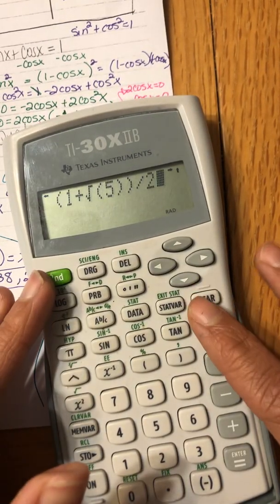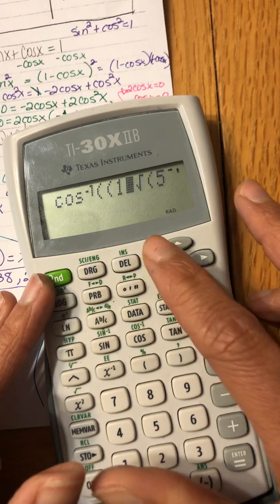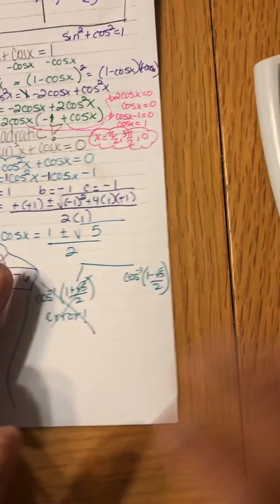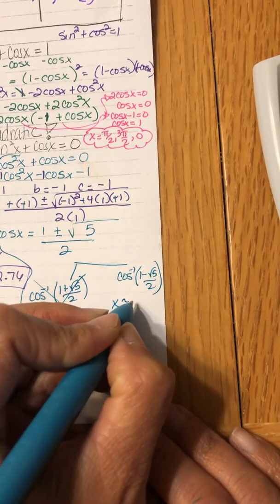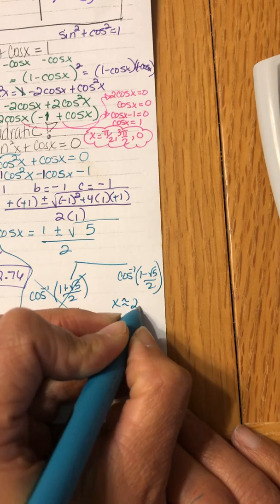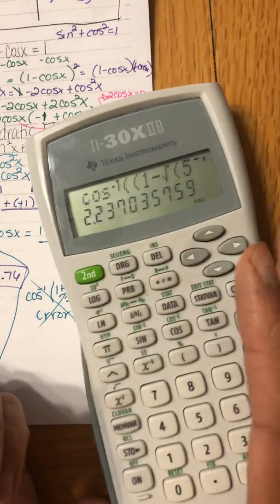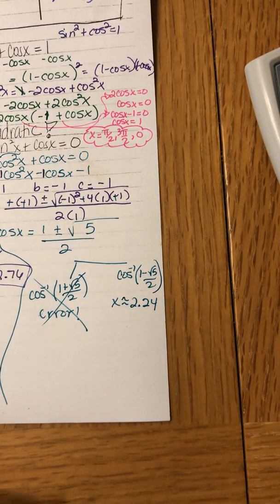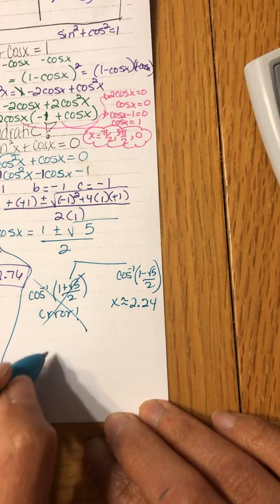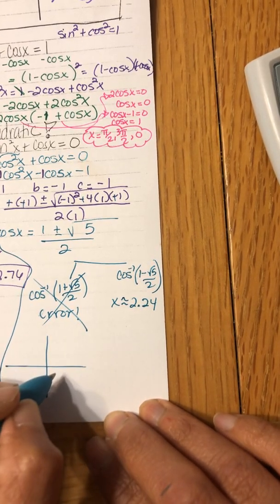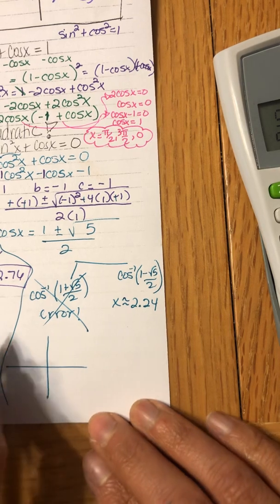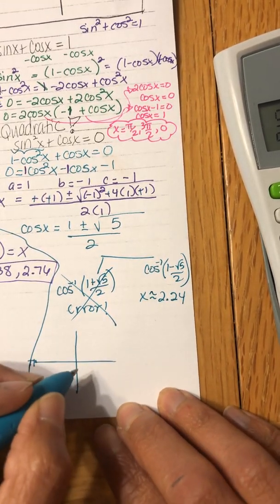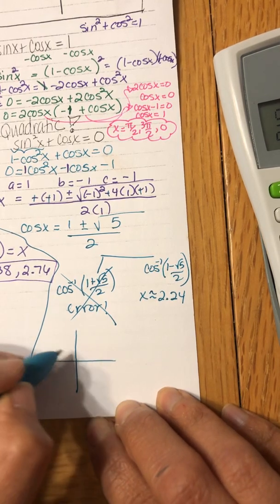So that would be cosine inverse of, instead of 1 plus, it would be 1 minus. That's the only thing I'm going to change, hit equals, and I get a number. So x is going to be approximately, let's round it to the nearest hundredth, 2.24. Okay? And remember that we're on the whole unit circle from 0 to 2 pi. We know that pi is 3.14, so the 2.24 must be in here.